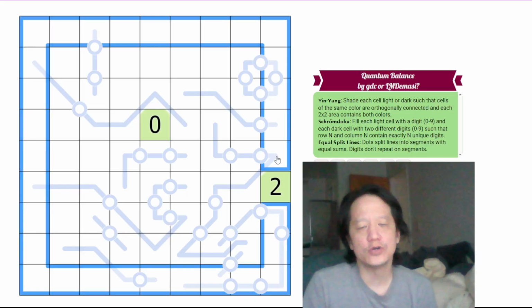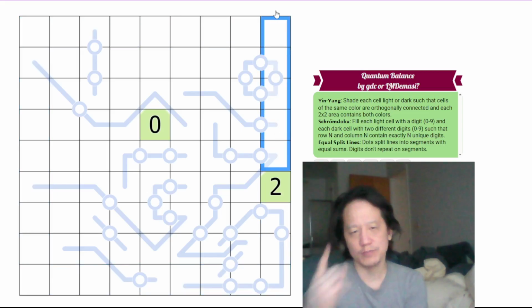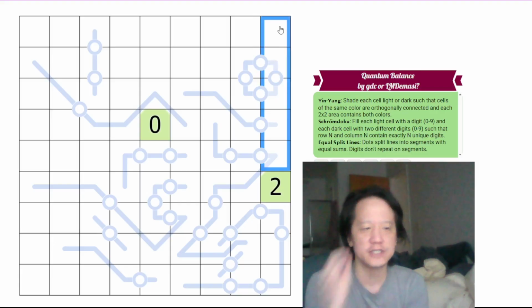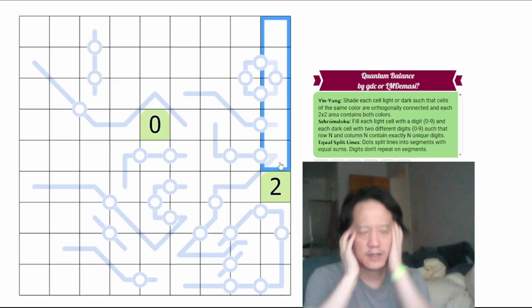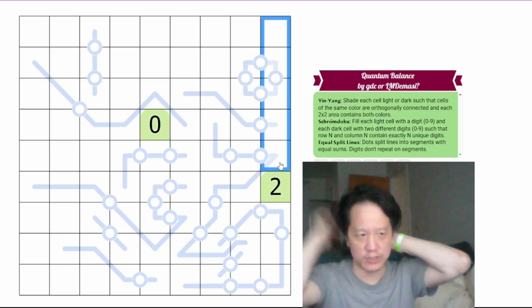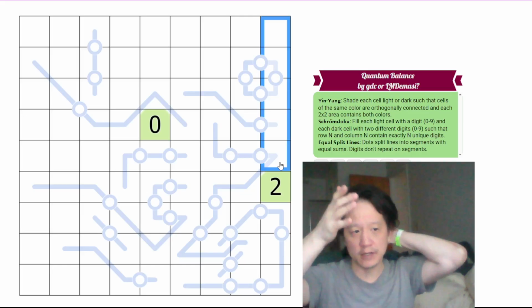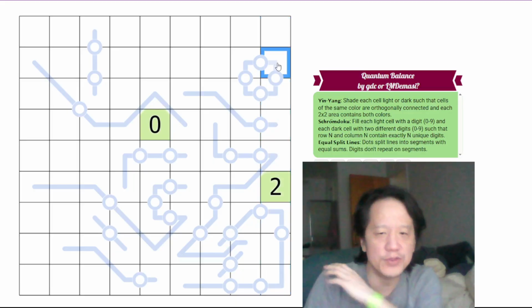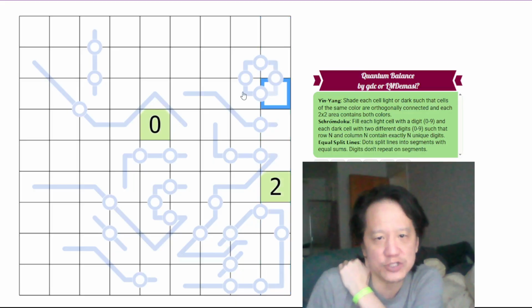Because you could have the same digit be in each of these cells, and then the remaining digits contain the digits 1 through 9. So you could have 0 be the digit that's repeated, and then every other digit be contained. But we know this is equal to the same sum as this, which is equal to the same sum as this and this. So this cannot fit that criteria here.